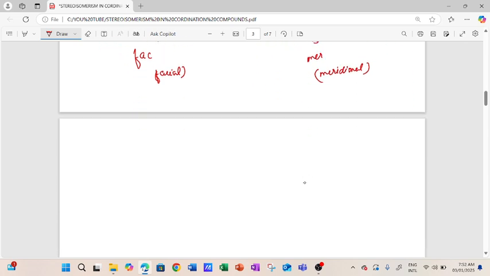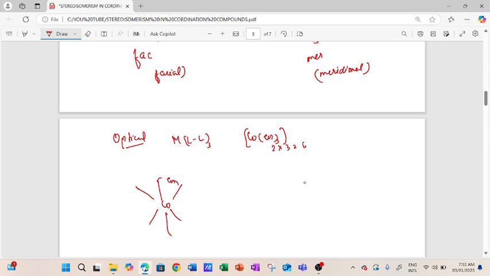But for type 3 optical, a little bit of difference is there in the formula. M(LL) thrice, for example, Co(en) thrice. Here again the shape is octahedral only. Why? Because 1 en is 2, 2 into 3 is 6. So here you connect cobalt at the center and take 2 corners and write 1 en there.